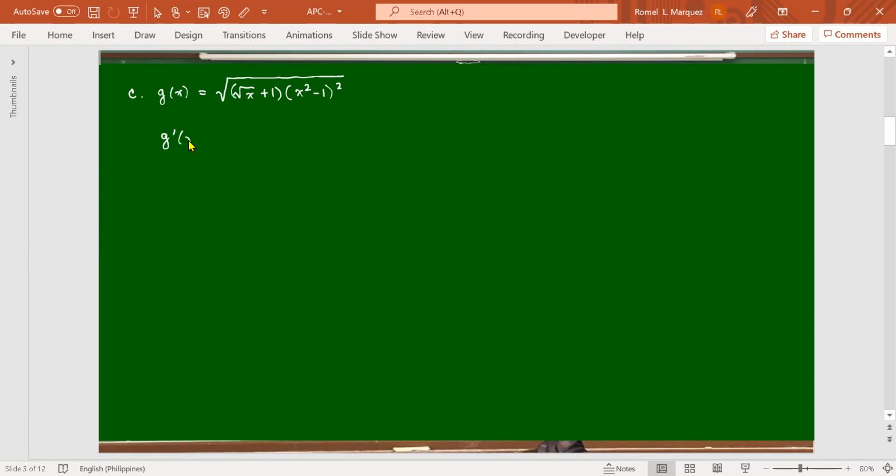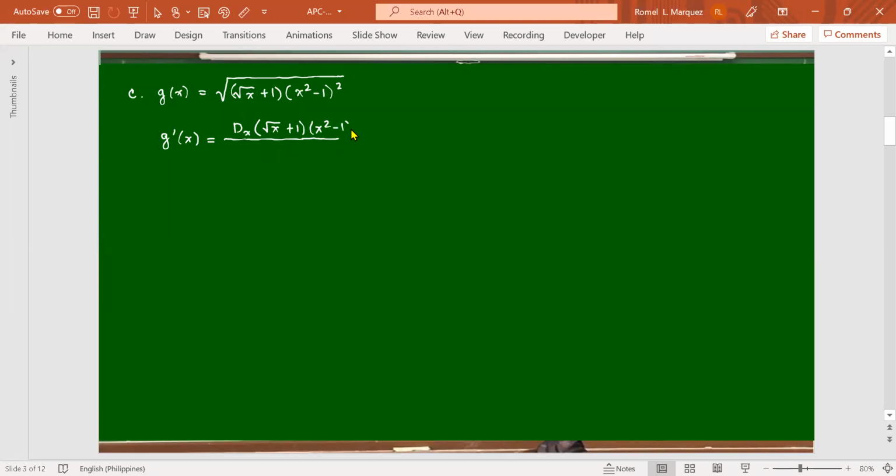Differentiate as is. Do you know the formula if you have a square root? Square root, guys. What's the formula? Guys, derivative of inside. If you have a radical, instead of converting to exponent 1/2, you differentiate as is.